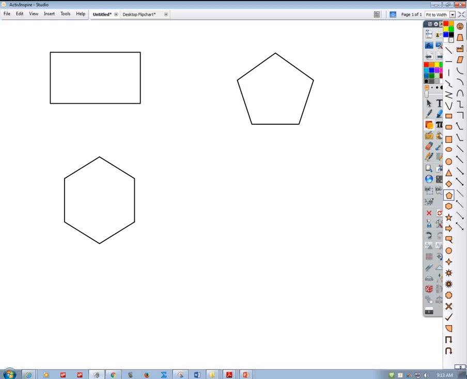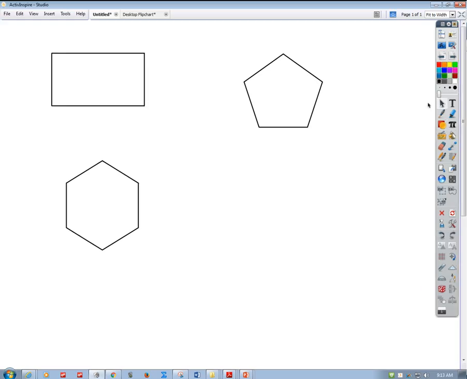Yeah, that's enough. So let's divide these up into triangles. How many? Two triangles, and so we're gonna get 2 times 180 degrees. Agreed? Okay, how about here? 5 sides. How many triangles? 3.